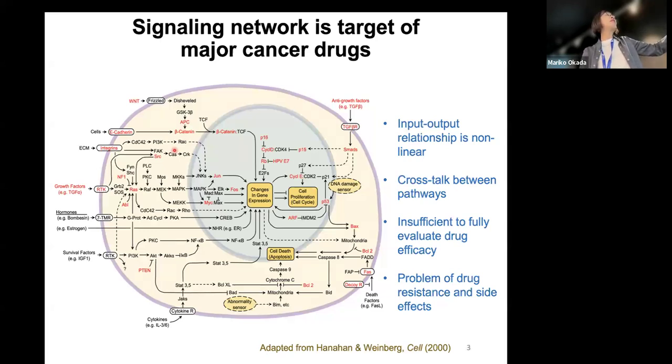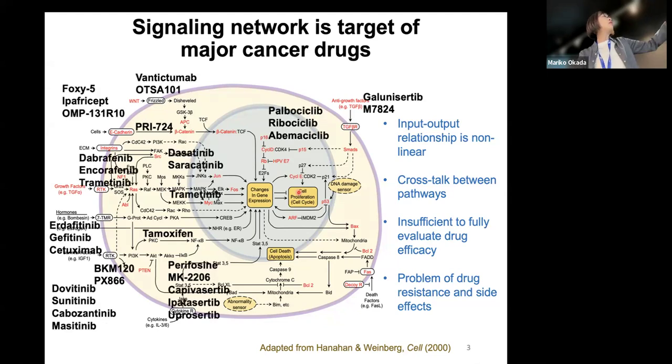The most difficult part is that the input and output relationship is very non-linear, because there is a lot of crosstalk between the pathways, and feedback regulation everywhere. Because of this complexity, it's very difficult to predict drug efficacy using only experimental data.